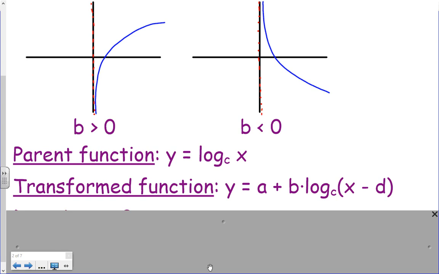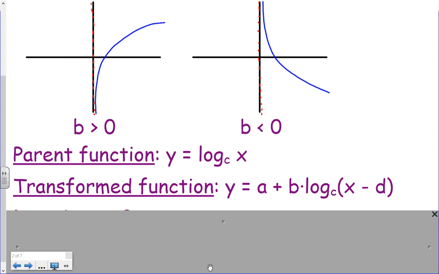B is a vertical dilation factor, so we can stretch this thing vertically by a factor of b. A is our vertical translation, and the d is your horizontal translation. So if you do a horizontal translation, just realize that's going to change the location of that vertical asymptote in that sketch, but as long as that's 0, then it's at the y-axis. But there's our transformed function for a logarithmic function.